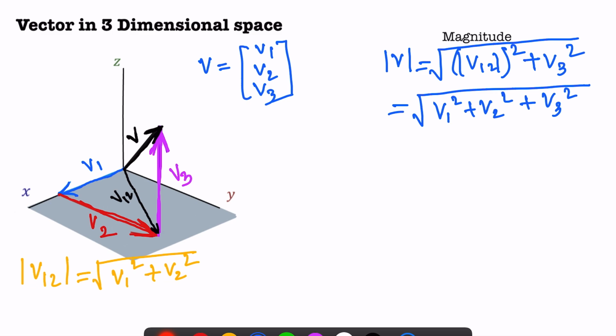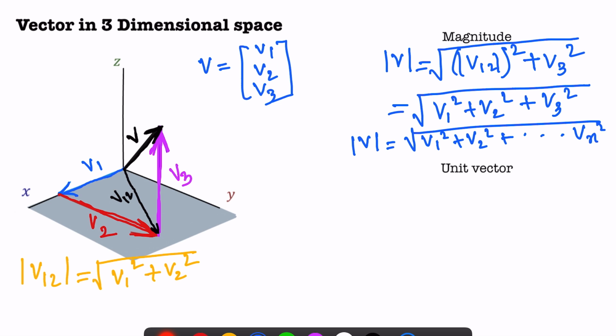For the n-dimensional case, the mod of a vector will be the square root of v1 square plus v2 square up to vn square. Now the unit vector, consider the unit vector is d, and that will be v divided by mod of v, or we should write it as 1 over mod v multiplied by v.